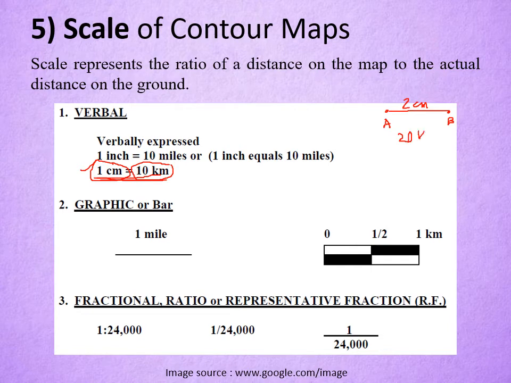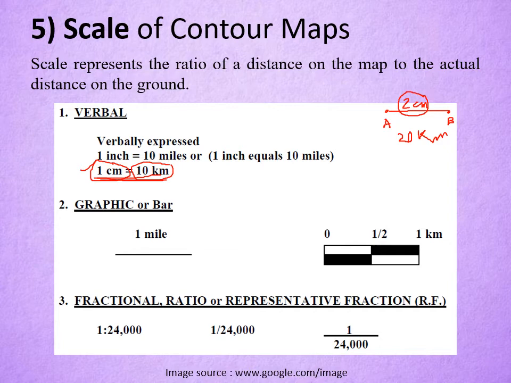So the entire 20-kilometer distance between these 2 points is now represented in my map as 2 centimeter, using scale, by which we can reduce the original scale into a much smaller version.